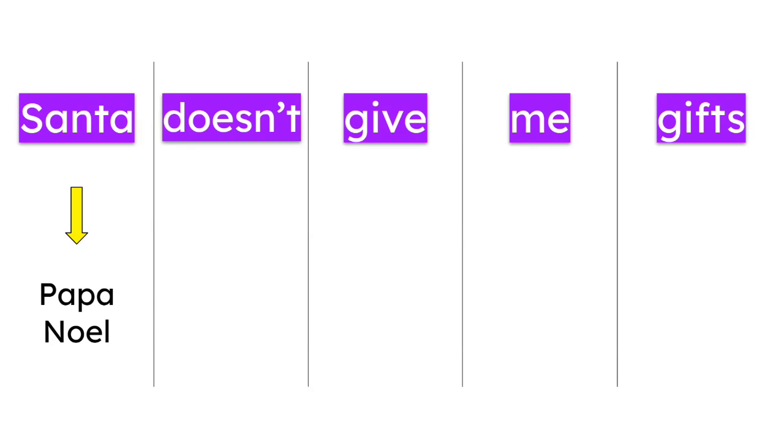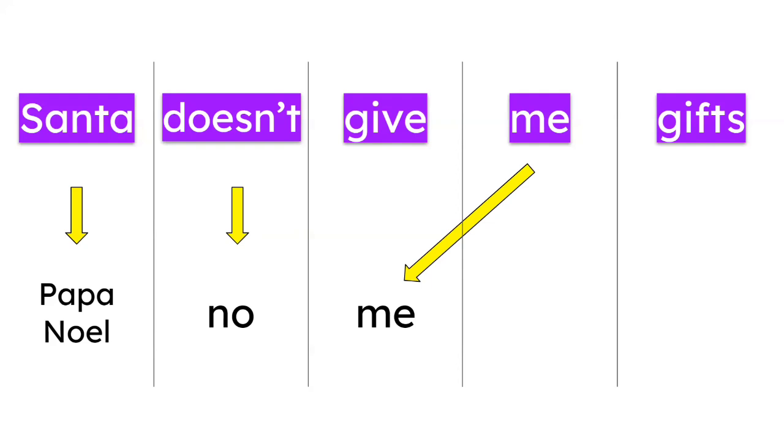And doesn't, it's very easy. We just say no. That's right. Papa Noel no. Now, what comes next? I'm sure you did it right. Me. That's correct. Papa Noel no me.